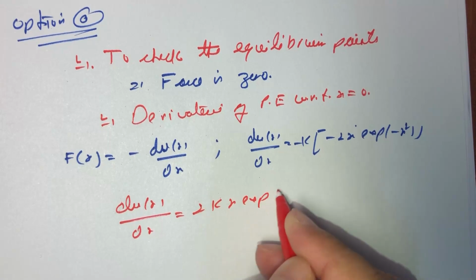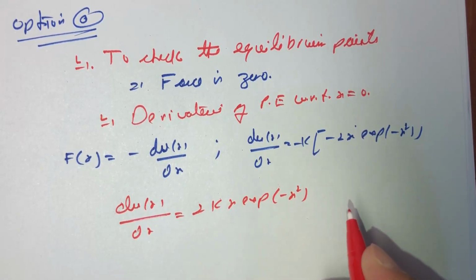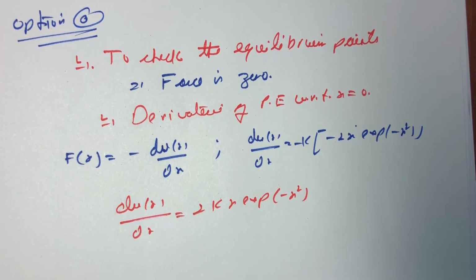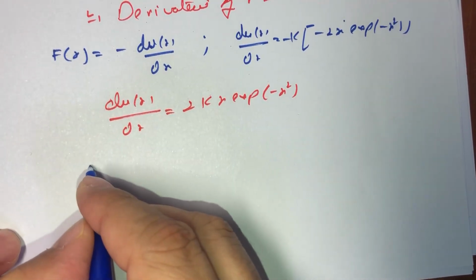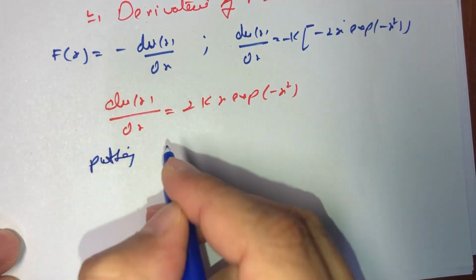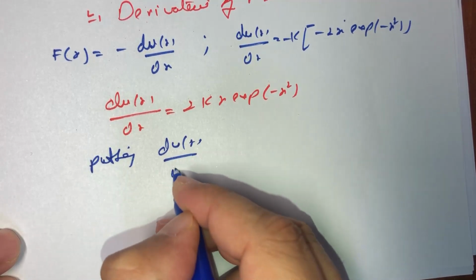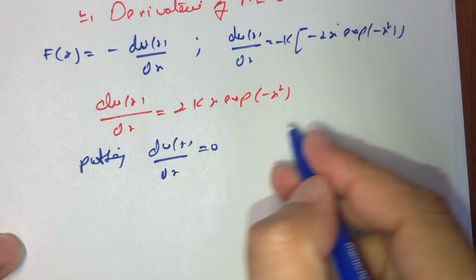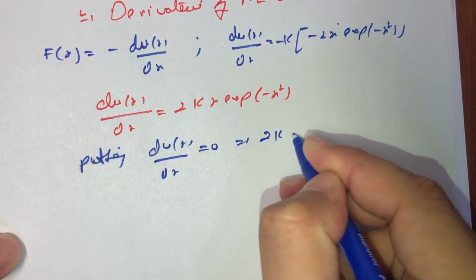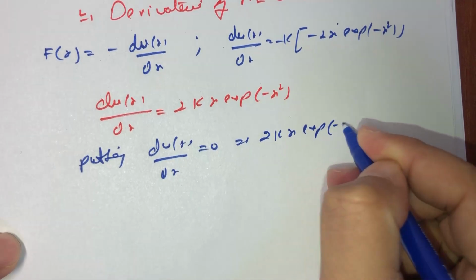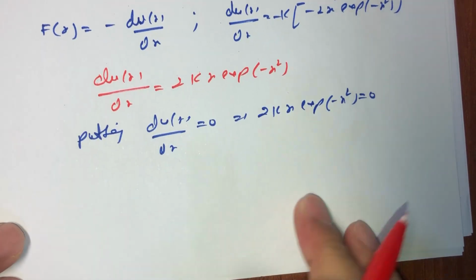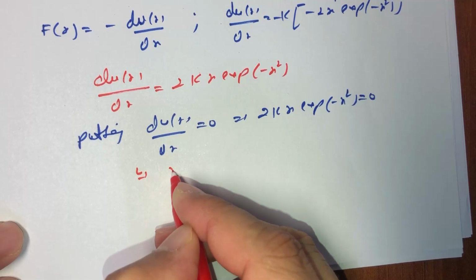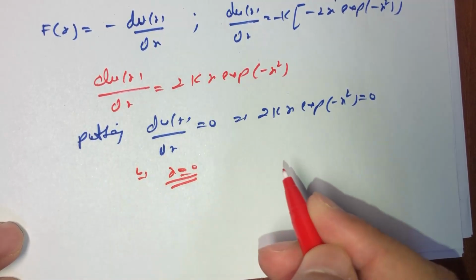So we get that du by dx is equal to 2kx times exponential of minus x squared. Setting du by dx equal to 0, which means 2kx exponential of minus x squared is equal to 0, we can easily say that x is equal to 0.